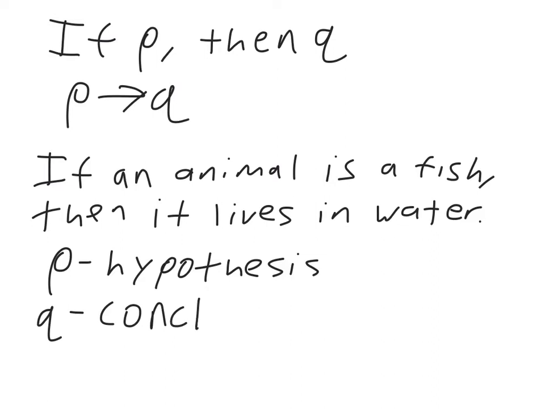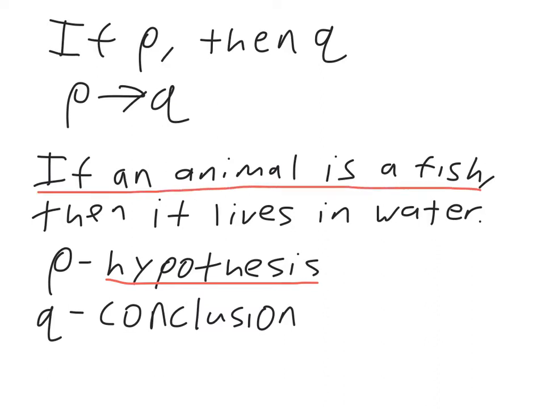So that's the conclusion. So the first part is the hypothesis, which is if an animal is a fish, and the last part is the conclusion, then it lives in water.